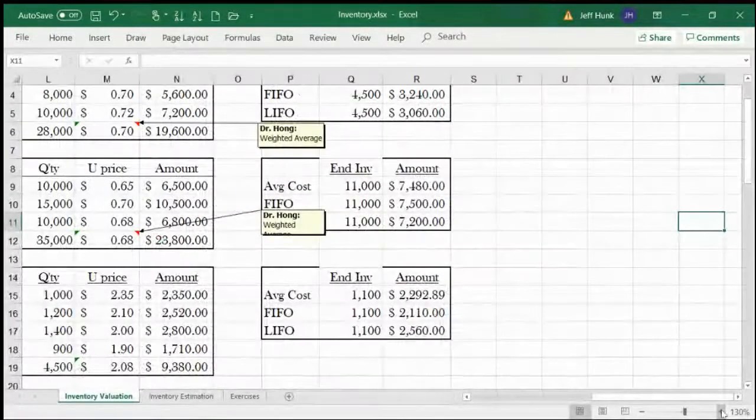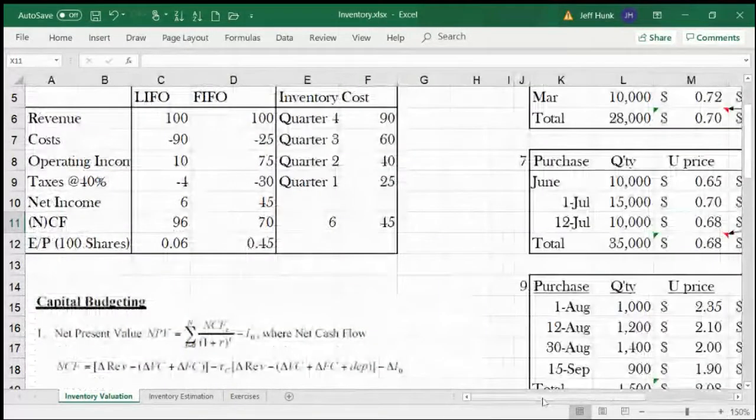So let's see, where do I have this file? Okay, so here it is. I wonder if you can see this. Let me share this. Okay, now do you see the Excel file? Let me zoom in a little so it's more visible to you.